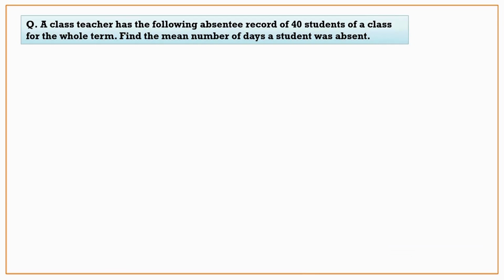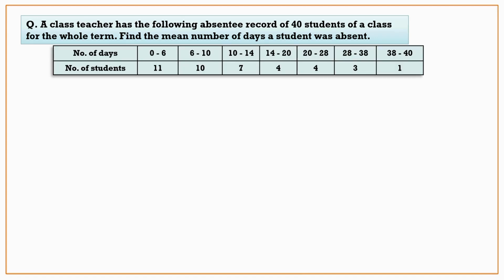Now the next problem is, a class teacher has the following absentee record of 40 students of a class for the whole term. Find the mean number of days a student was absent. So the number of days is given and also the number of students.